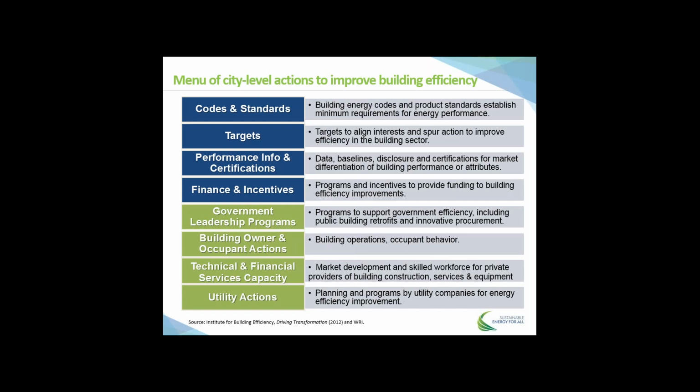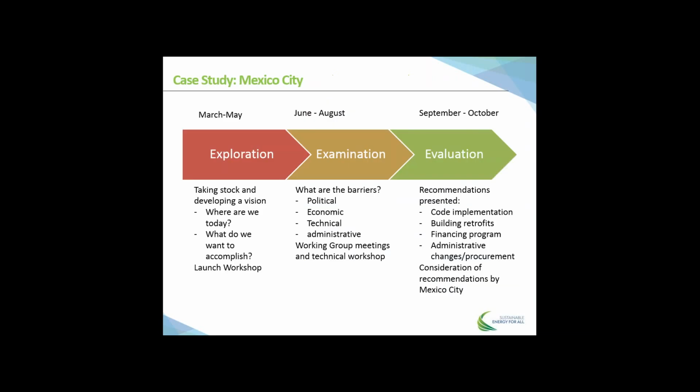There are a variety of different policies and actions available to cities and jurisdictions who are interested in pursuing building efficiency, and our effort in the Building Efficiency Accelerator is to support a variety of these.